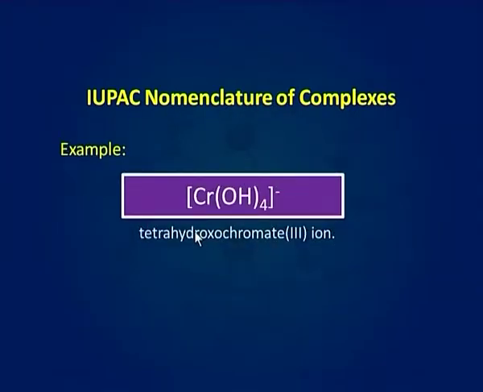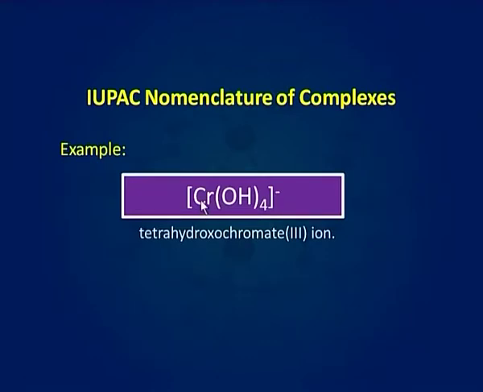Here is another example with chromium metal ion. We know that this complex is an anion. There is only one monodentate ligand, hydroxide. There are 4 of them. So, we will use the name tetrahydroxo.